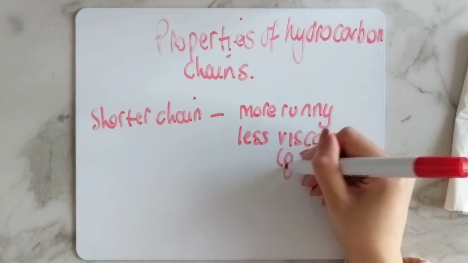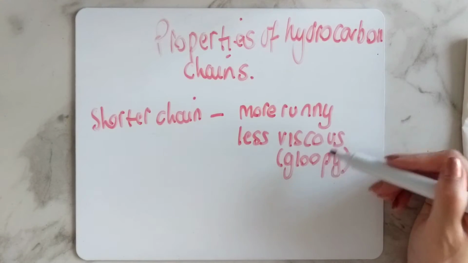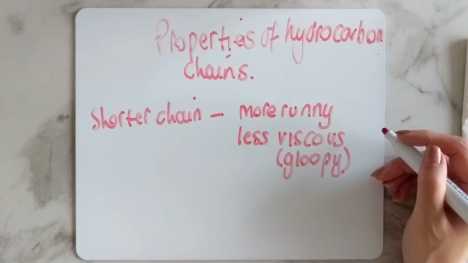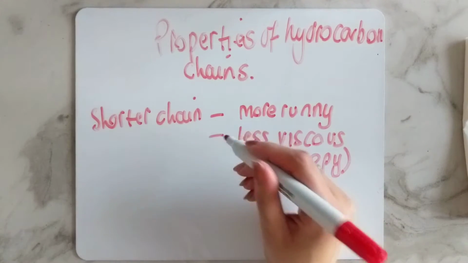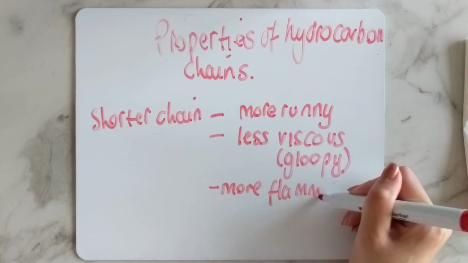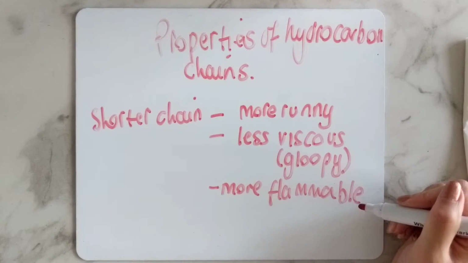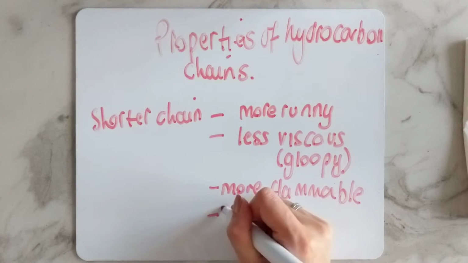They're more runny and less gloopy. They're more flammable, so they easily ignite, and they have lower boiling points.